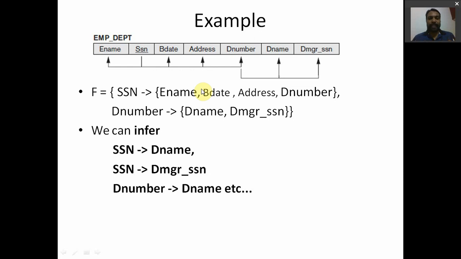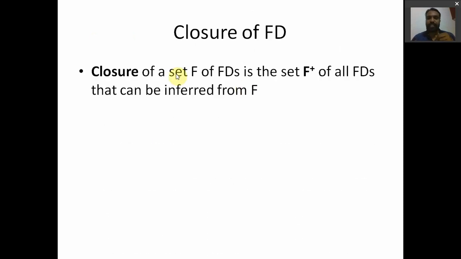So F closure means all the functional dependencies that can be inferred from this F. We apply some rules and it helps infer all the functional dependencies. Then we call that set F plus or closure of F. So that is the definition for closure.